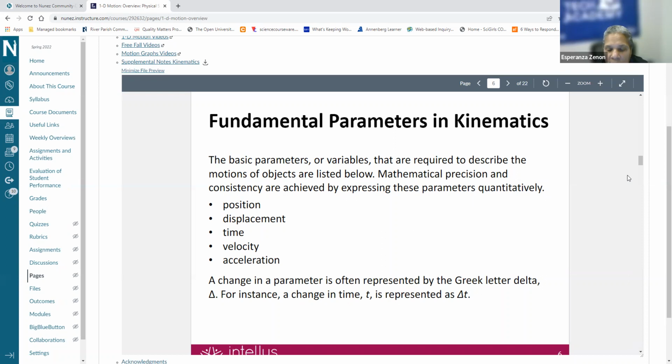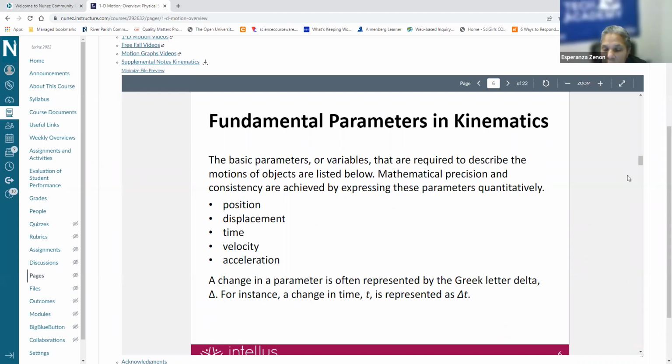And so they give the example of a change in time. So our object is moving. We want to know how much time has elapsed, or how much time did it take, or how did the time change while that object was in motion. And so we would represent that as delta t. I always tell students, delta means change.